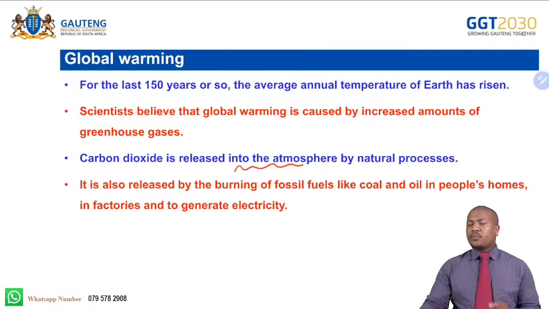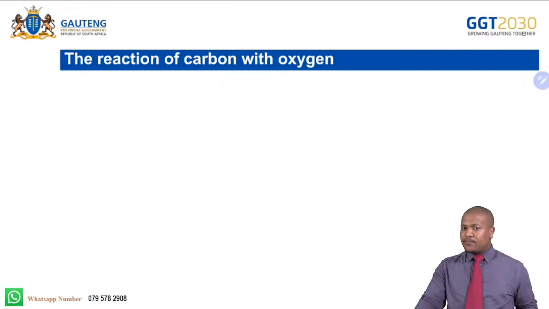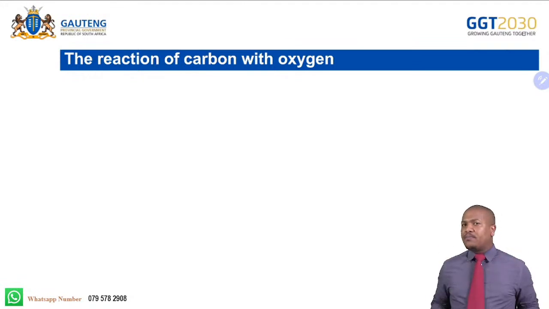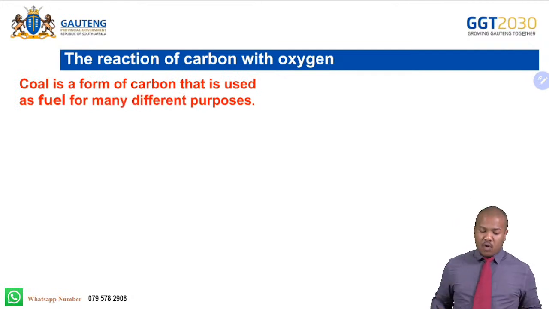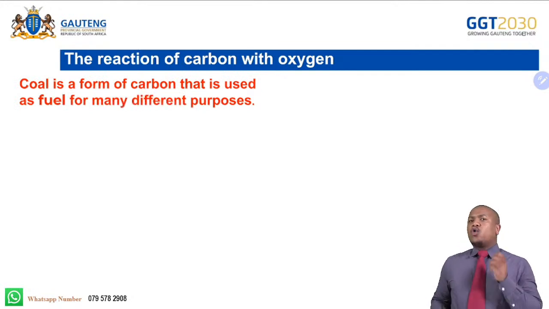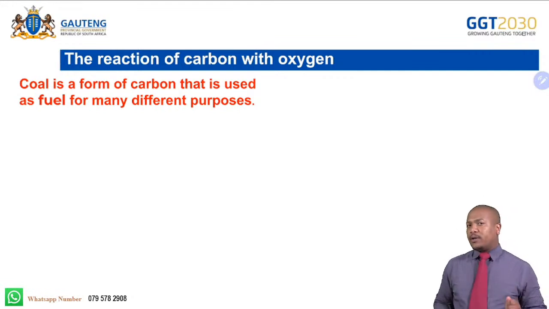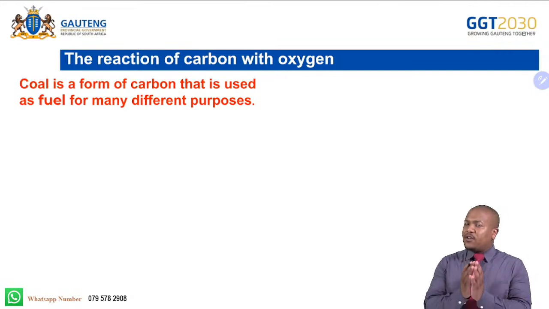So now, if you remember our lessons from term 2, we talked of chemical reactions, and we also talked of the reaction of carbon with oxygen. Let's revisit that topic so that we understand how carbon dioxide is a contributing factor to global warming. Coal is a form of carbon and it is used as a source of fuel for many different purposes.